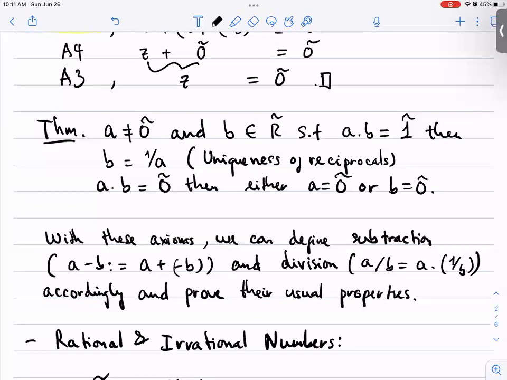The important point is that using the algebraic properties described earlier, we can prove that these operations, subtraction and division, satisfy the usual properties of subtraction and division for concrete real numbers as we know them.